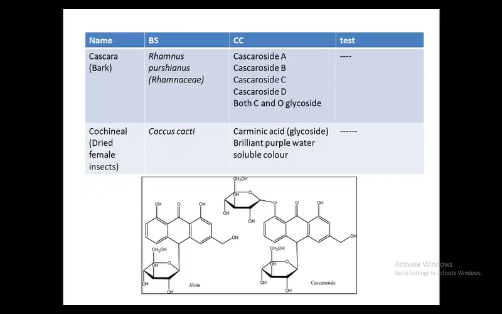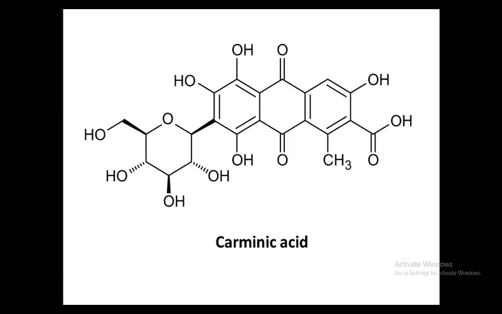So this carminic acid is a water soluble color and used as a natural coloring agent. Just see the structure of carminic acid here. This is your aglycone part, right, and this is the 6 carbon containing sugar. Now the sugar is attached to the carbon atom of the aglycone, so carminic acid is a C-glycoside.